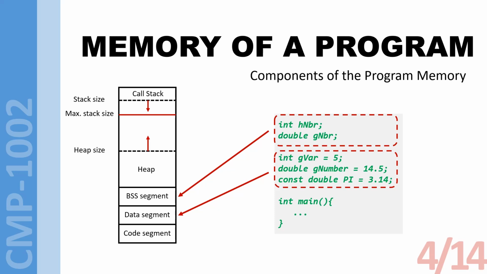I will not go over the details about these segments any more than this. There are more details, don't get me wrong, but these things will be covered in much more detail in the memory management part of the operating system course, so I'm not going to continue in more detail about these parts.